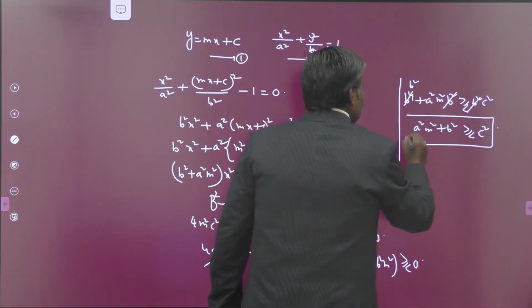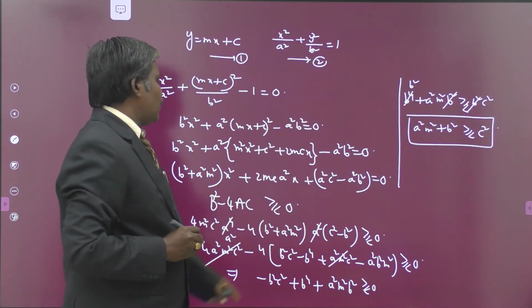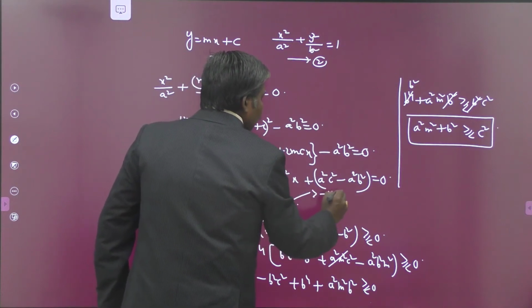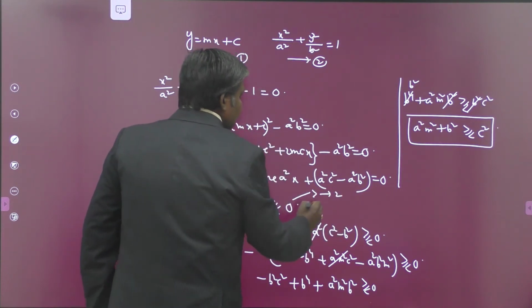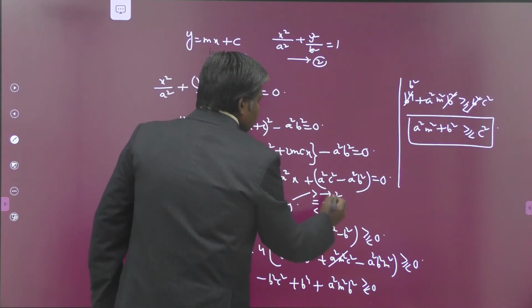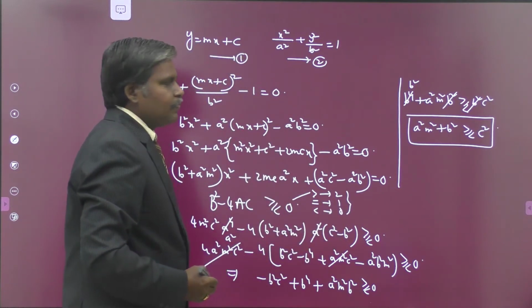This is the condition, my dears. So by delta greater than, equal to, or less than 0: for greater than, we have two real and distinct points; for equal to, we have only one point of contact; for less than 0, no points of intersection and no points of contact.